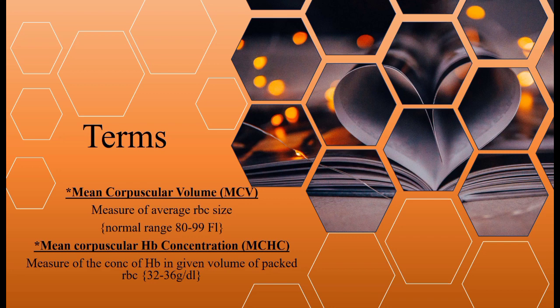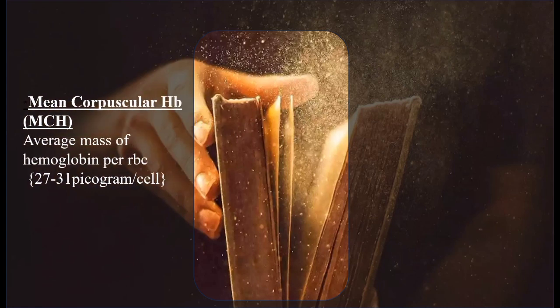This information can also give us a view on any deformity. So we have the mean corpuscular hemoglobin, denoted as MCH, and this is just the average mass of hemoglobin per red blood cell. It ranges 27 to 31 picograms per cell.